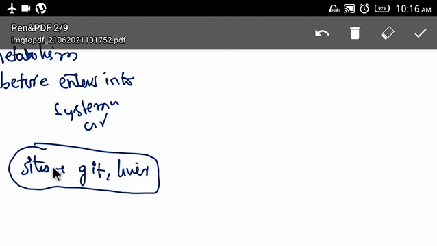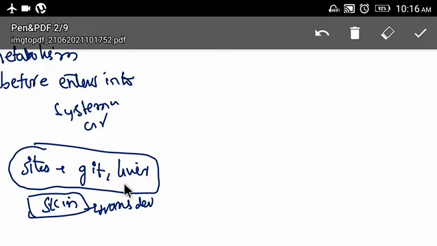Sometimes, even if you give the drug by some other routes, metabolism can take place in the skin. If you give the drug in transdermal patches, some metabolism will take place in the skin.